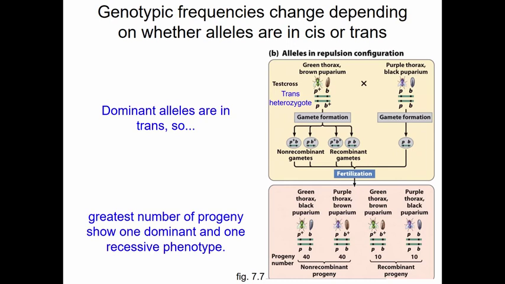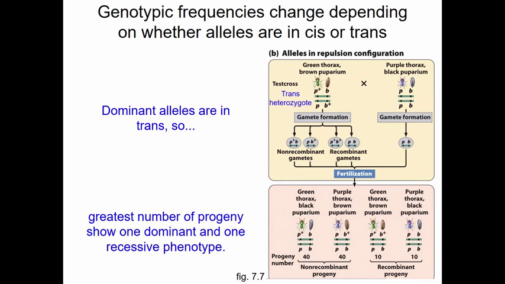And it would be like 30 out of 300 because it's 10% recombinant. So 270 would be non-recombinant and 30 would be recombinant. So there's a backwards and a forwards way to do it.